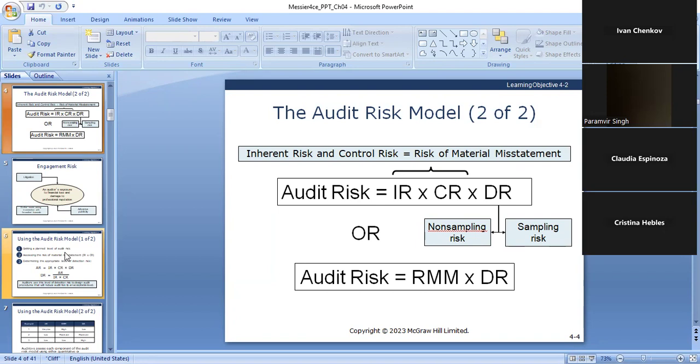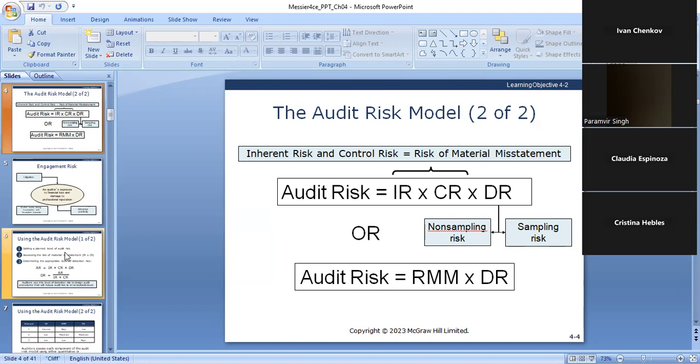But if the first two are high, then the detection risk has to be low. Because if the detection risk is also high, that means the audit risk will be high. So in order to reduce the detection risk, the auditor has to put in more procedures, do more testing, and spend more time in the company, to make sure that there are no materially misstated accounts, transactions, or events in the company.